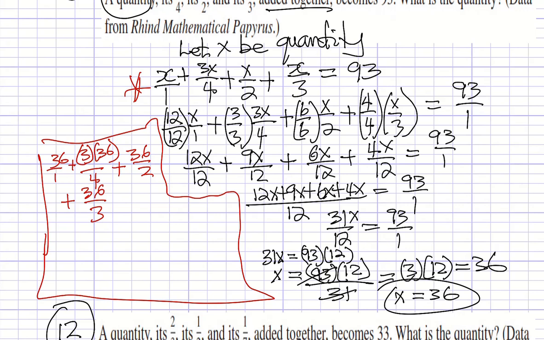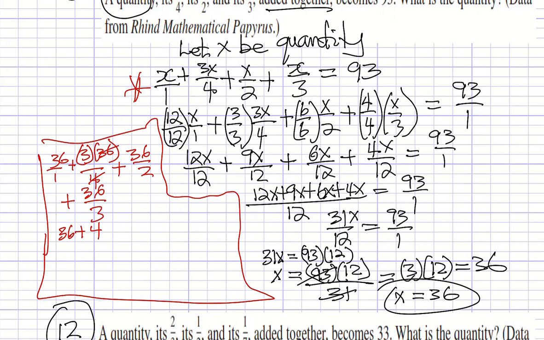So you gotta deal with that, man. One by one you get 36. 36 divided by 4, you get 9. 9 times 3, you get 27, okay?